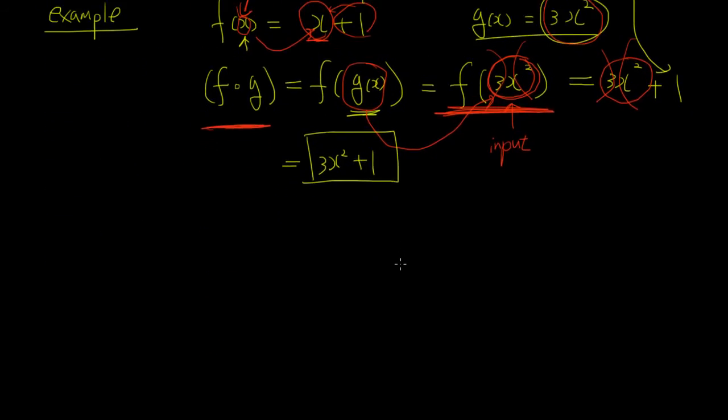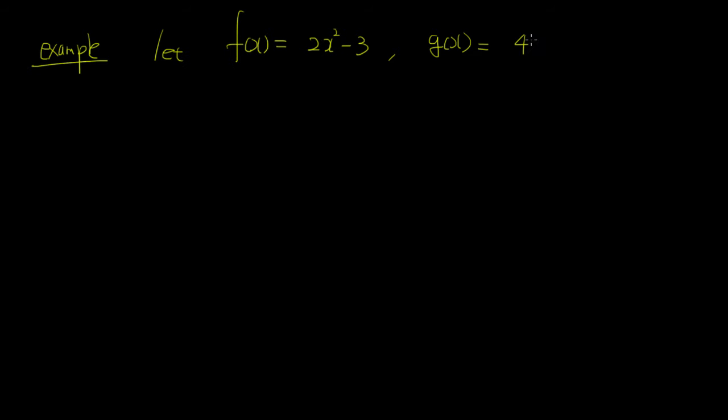So let's do another example. Let f of x be 2x squared minus 3 and g of x be 4x.